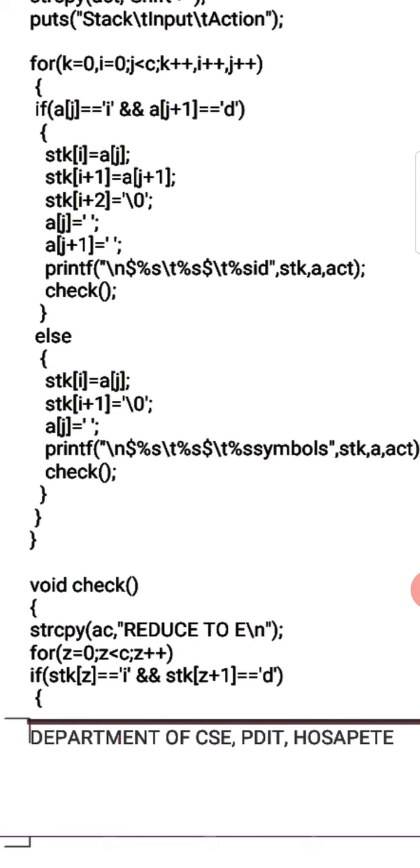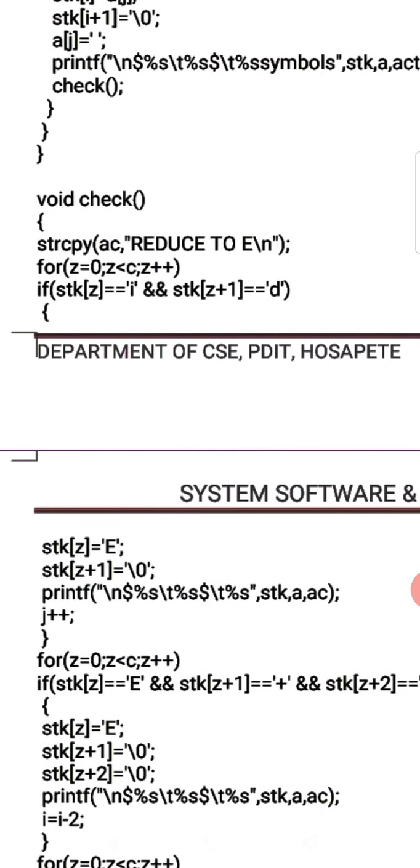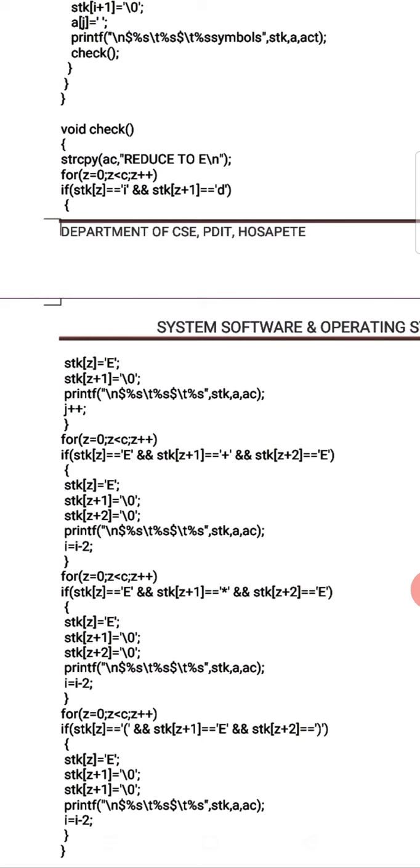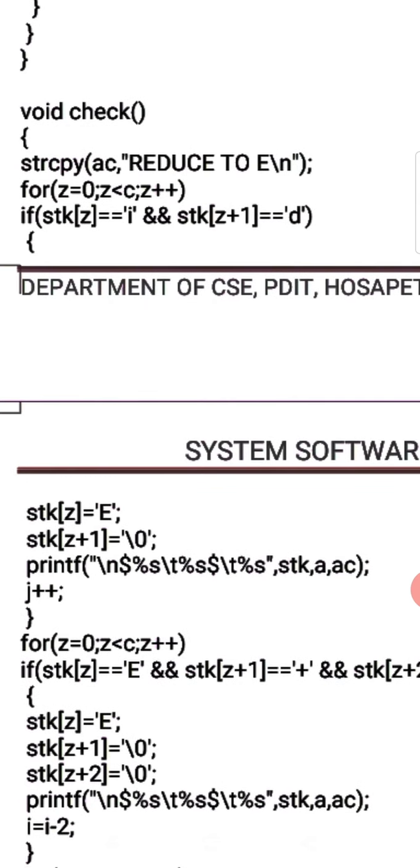See here, after printing stk and act, it is invoking a check function. In the check function, for each right part of a production, we have written a condition in the if statement. It tries to match the content of the stack with the right part of the production.